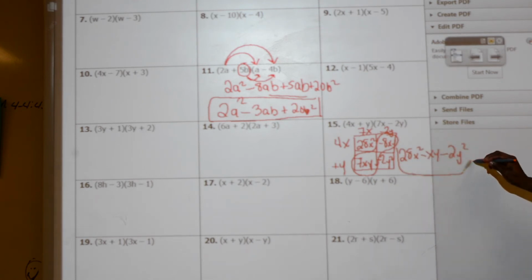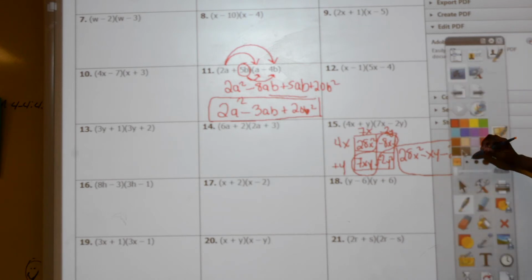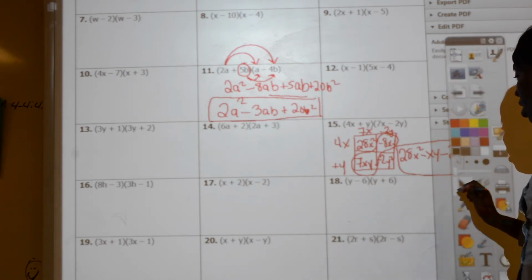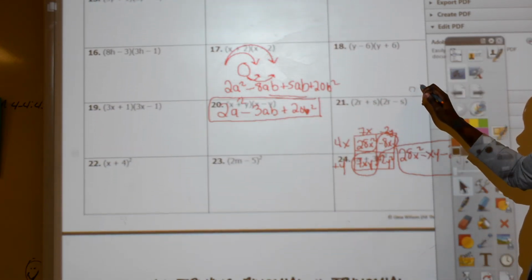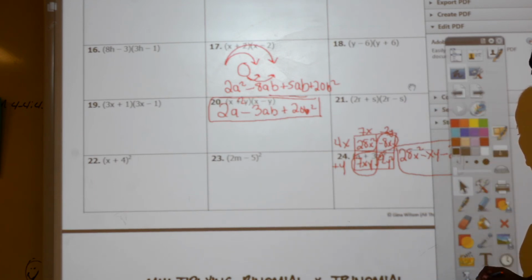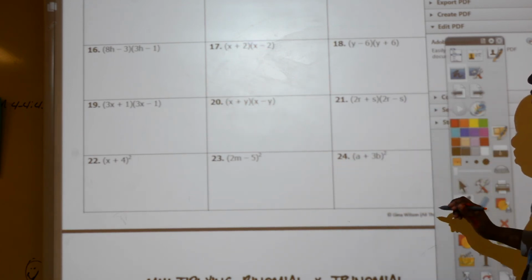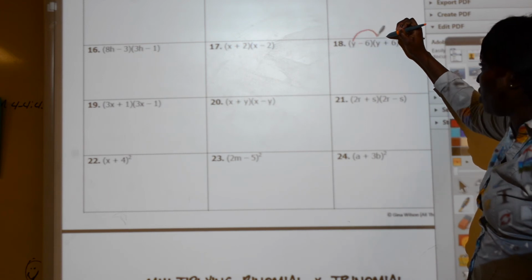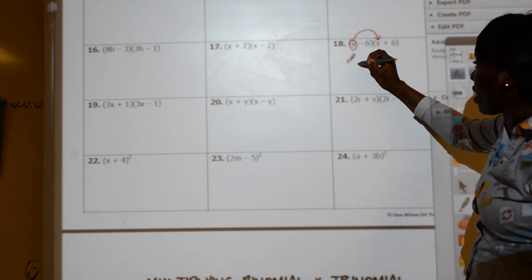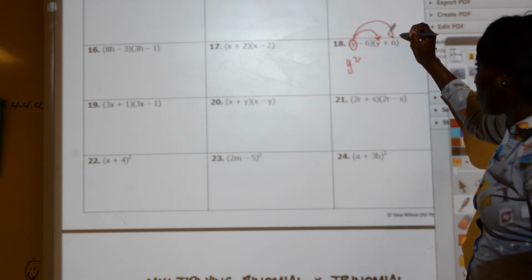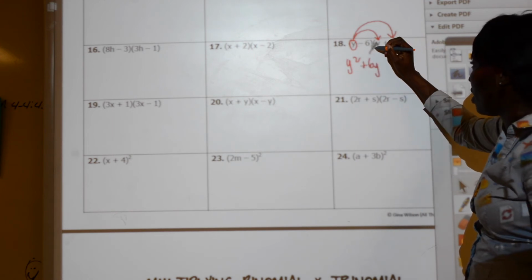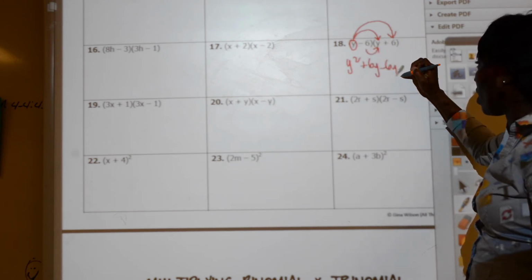Everybody got it? Then we have some special ones, which we'll talk about a little bit later. But I'll go over them with you, just in case you do a problem and you're wondering why it happened like that. If I do this one using the FOIL method, y times y, I get y squared. Y times 6, I get a positive 6y. Here I get negative 6y.